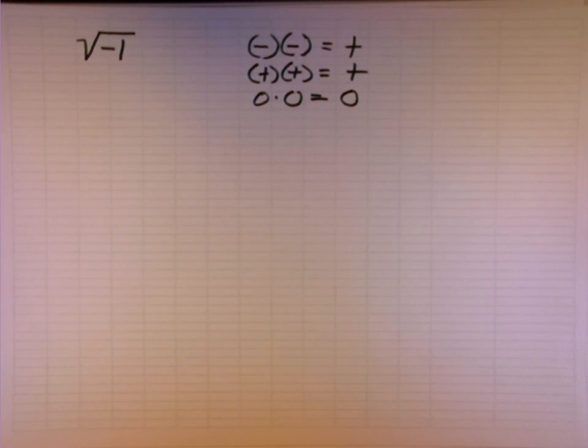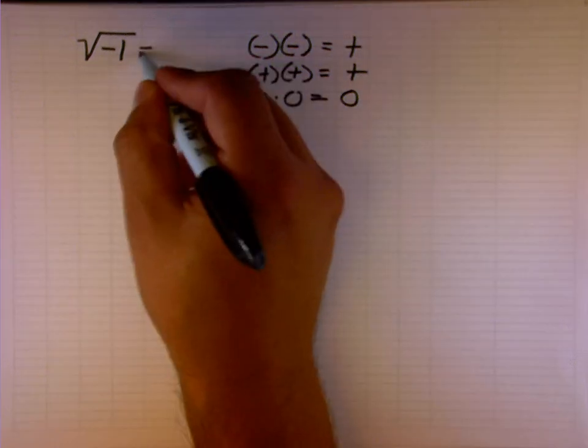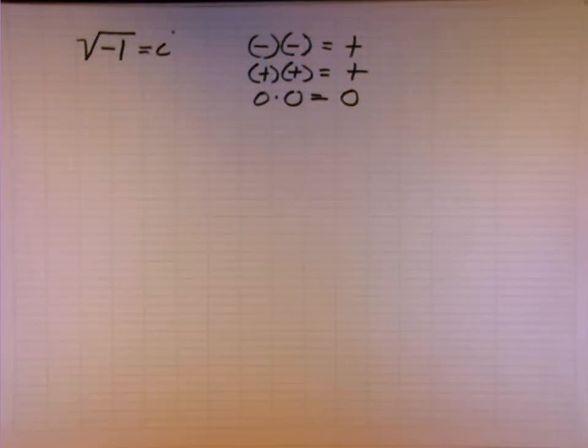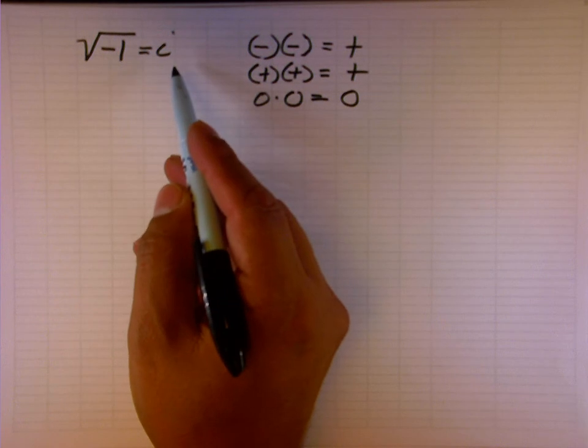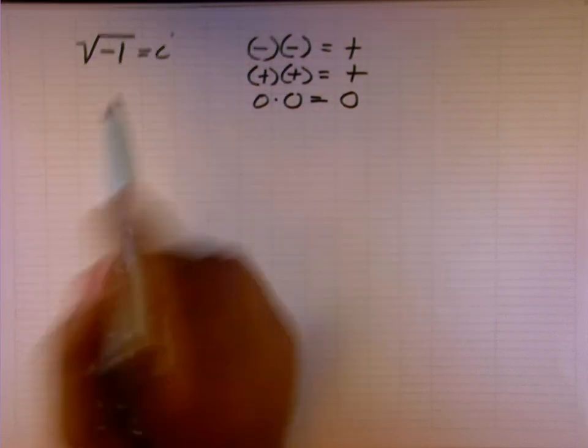And because imaginary begins with the letter I, we will denote the square root of -1 as the number i, which is not a real number. So we've got the square root of -1 is i, the imaginary number i.